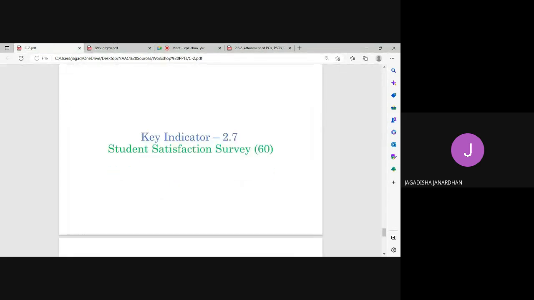So the last key indicator is 2.7, which is allocated with 60 weightage. It will be mentioned as triple S, Student Satisfaction Survey, where the satisfaction survey will take place once you enter into the NAAC process and after submission of the self-study report.